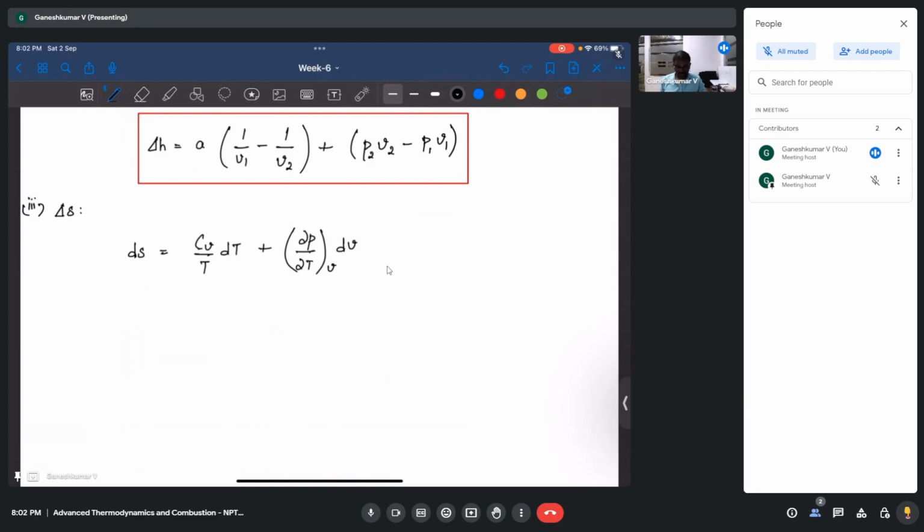If you remember, you just take the total derivative of entropy as a function of T and V, expand it, apply the Maxwell relations, and you will end up getting this equation. And this equation we already discussed, right? So now we need to substitute this here.